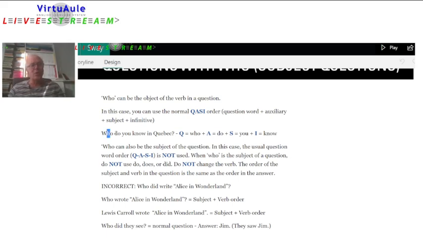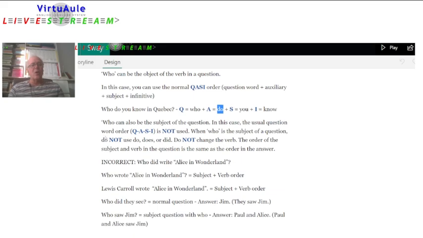So, who do you know in Quebec. Who is the question word, do is the auxiliary, you is the subject, and know is the infinitive form of the verb. So, who can also be the subject of a question.